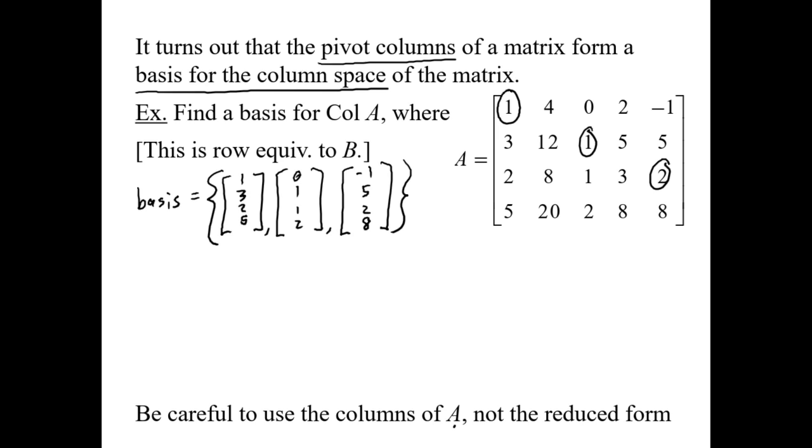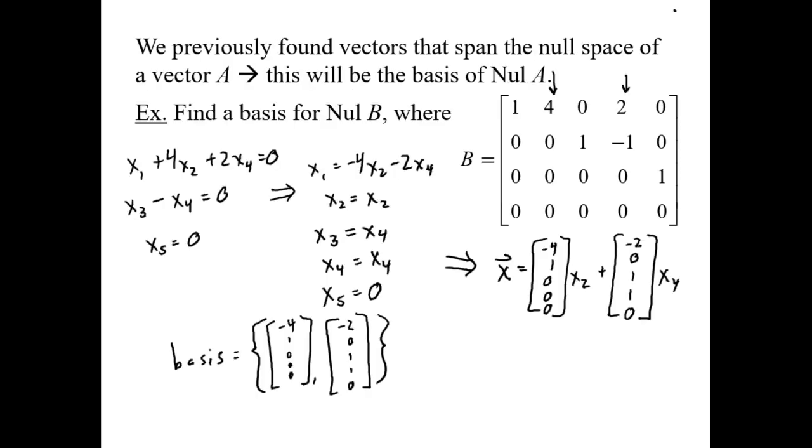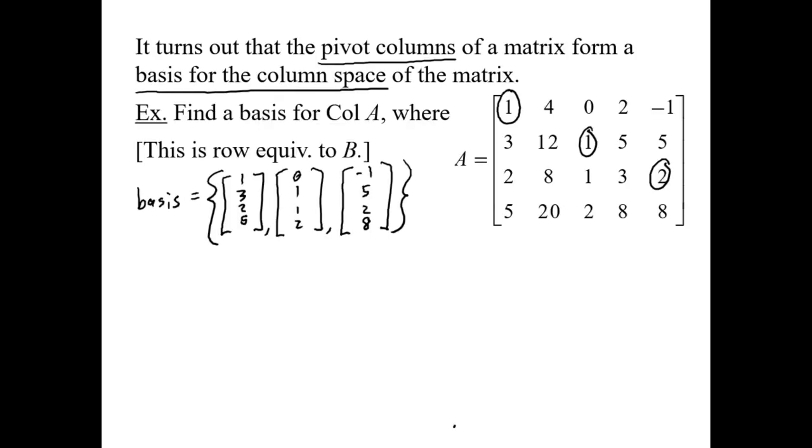Reduce it to echelon form to identify the pivot columns, but then go back to the original matrix A to actually decide which vectors to use for the basis. Notice that here we identified the three pivot columns, but we went to the original matrix A to take those columns and use them to create the basis.